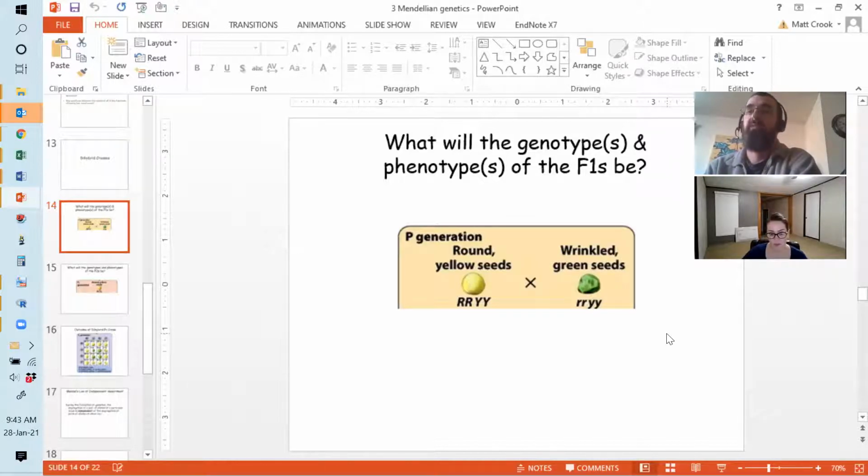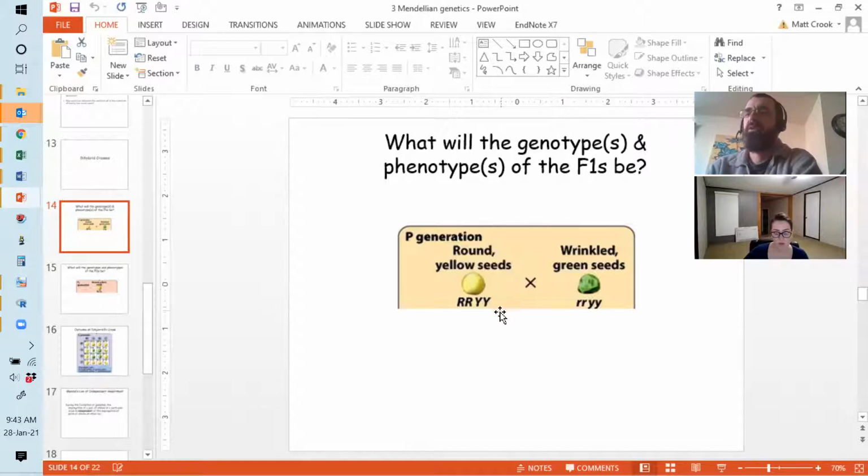Now we potentially have 4 different combinations of these phenotypes, because you can have round and yellow, and wrinkled and green. Those are called the parental combinations, because you see them in the parents. And then you can have round and green, and wrinkled and yellow. So you can have 4 in total.